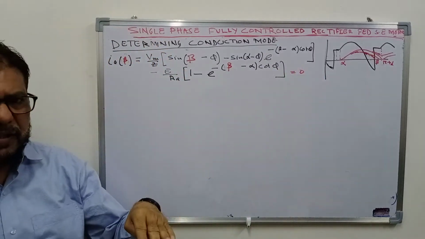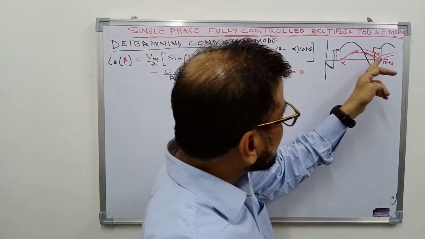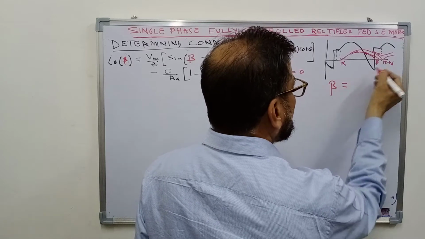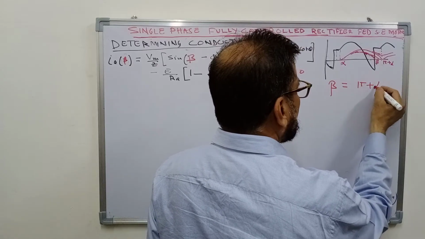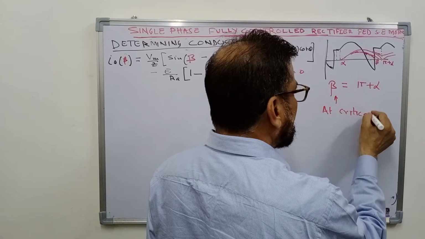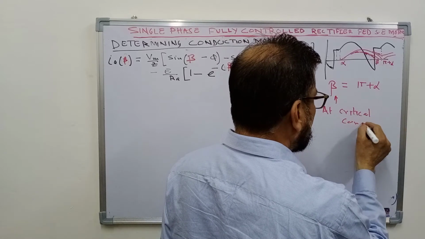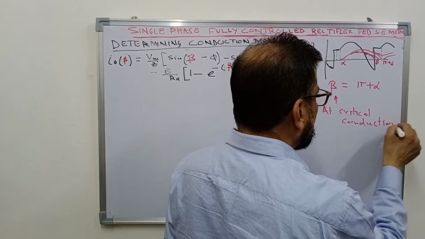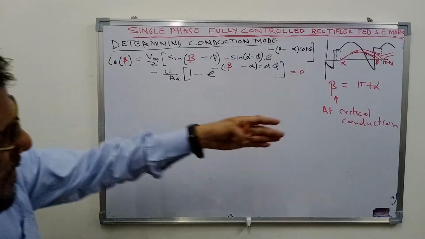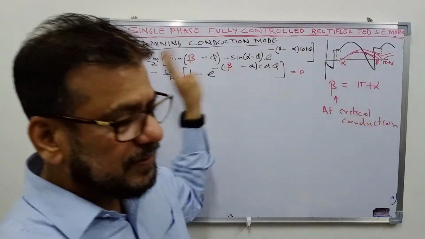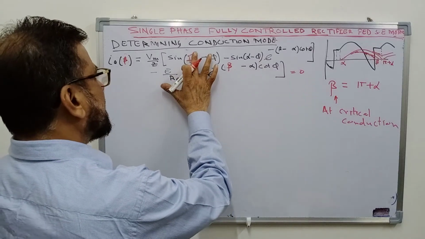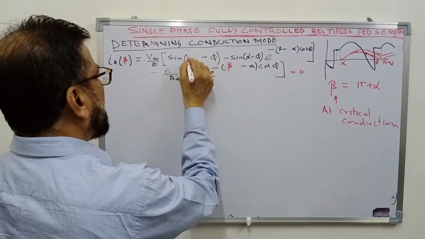In the case of critical conduction, when conduction is just becoming continuous, the value of beta will be equal to pi plus alpha. Beta more than this will cause continuous conduction. So for that condition, you just put beta equal to pi plus alpha in this equation, and that will correspond to critical conduction.